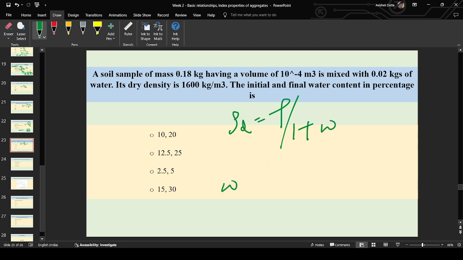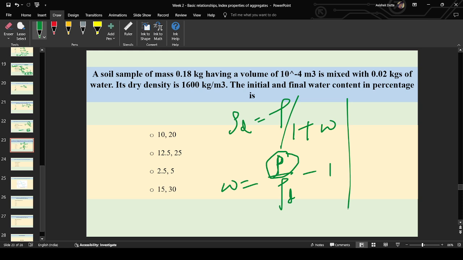So the density is 0.18 divided by this one, so it is 1800.